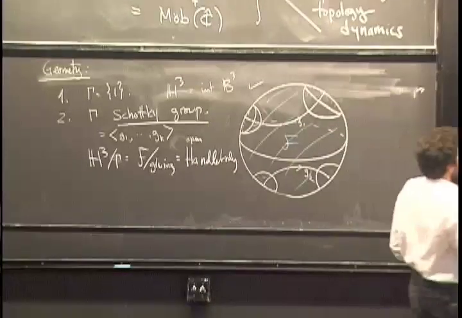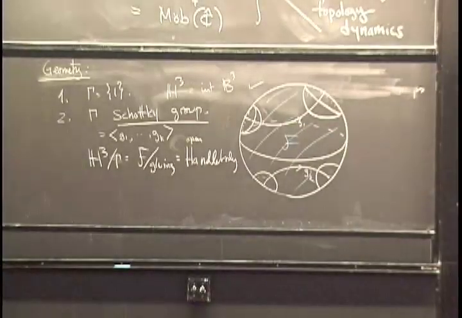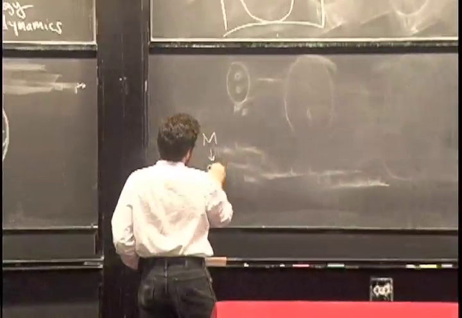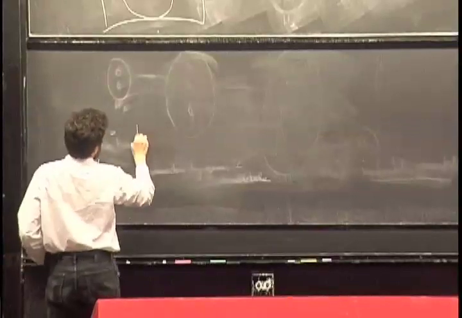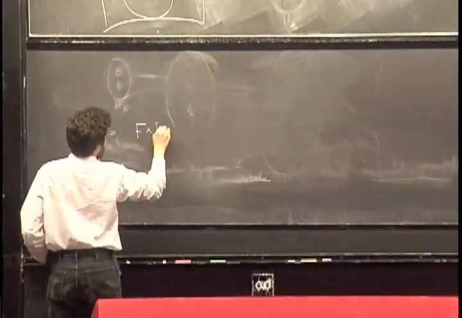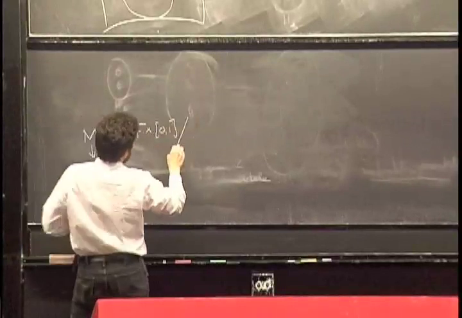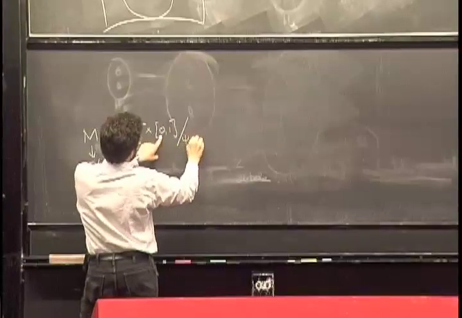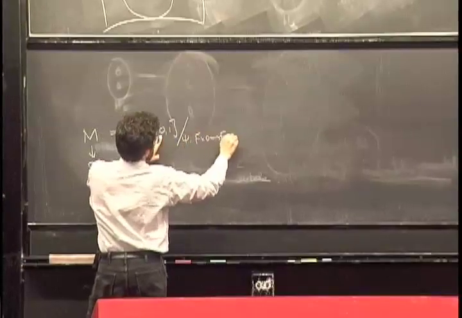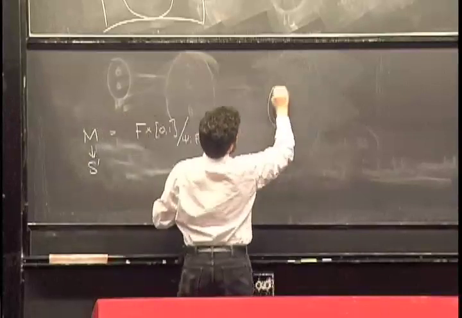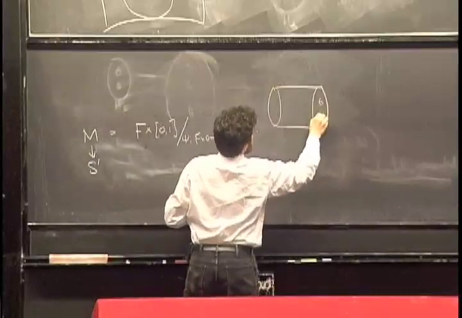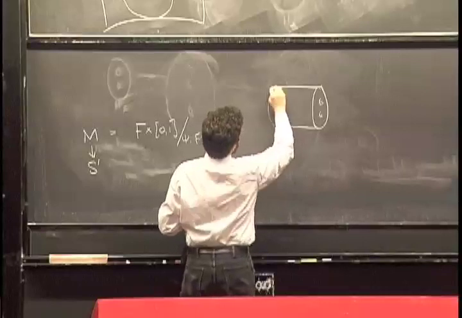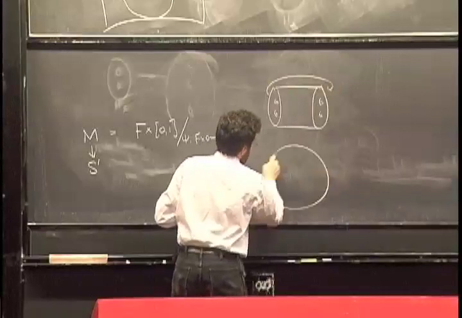So it's the following. If you start with a manifold M that fibers over the circle. You can think of M as a surface, say F cross the interval modulo some identification psi from F cross 0 to F cross 1 if you want. So it looks like this. So you identify these two and you get something that fibers over the circle.